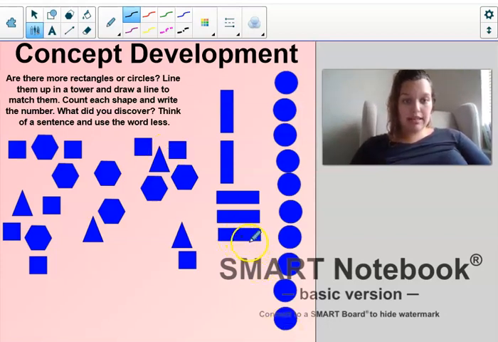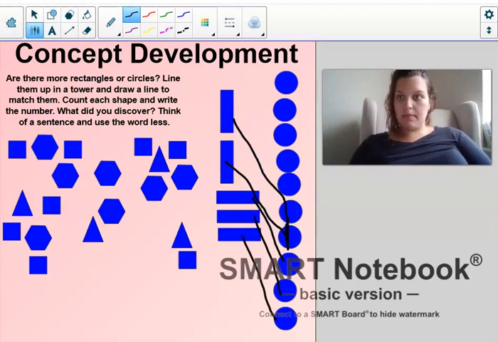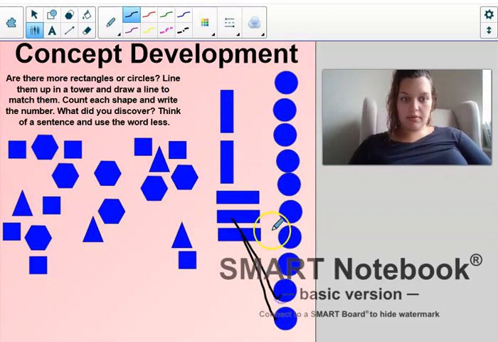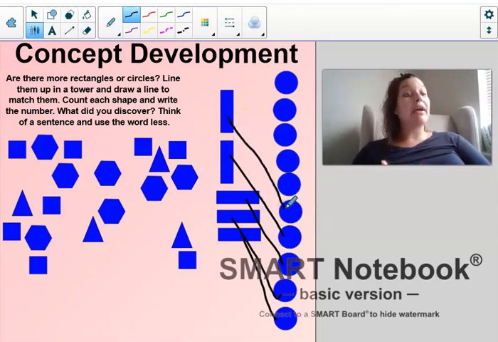So I'm going to match a rectangle down to my first circle. Oh, that went a little too far. So now I have them matched.